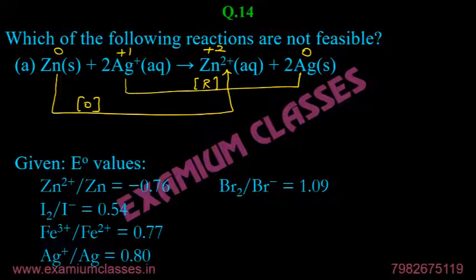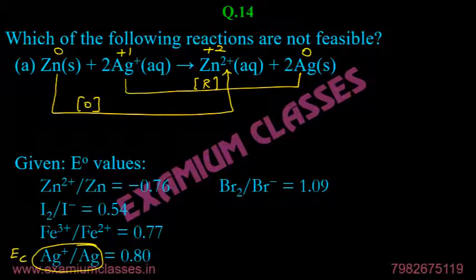So it means reduction is this electrode potential. Reduction, E cathode. Okay. E anode will be the oxidation. So this one is anode.